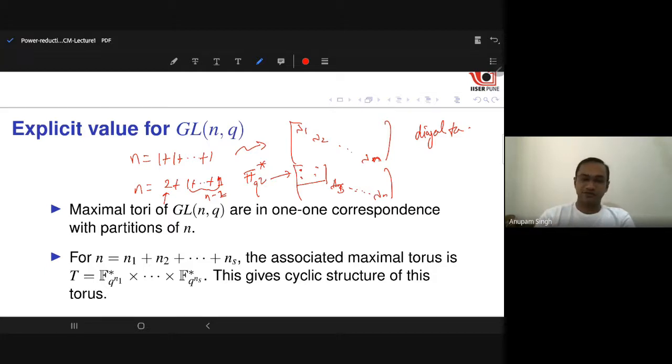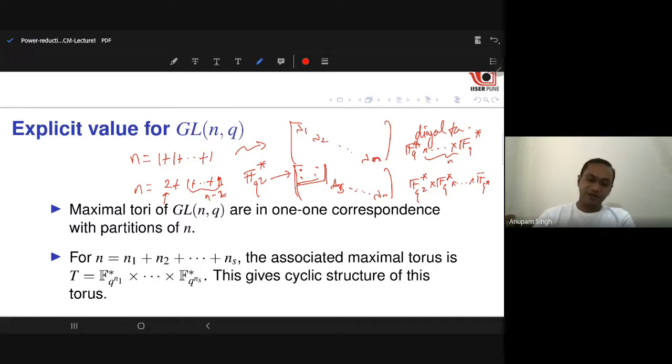That is what FQ square star is. So you can explicitly write down what this is, and it is isomorphic to FQ square star. So in the first case, the torus is FQ star cross FQ star, n times. In the second case, it is going to be FQ square star and then FQ star cross FQ star cross up to FQ star.